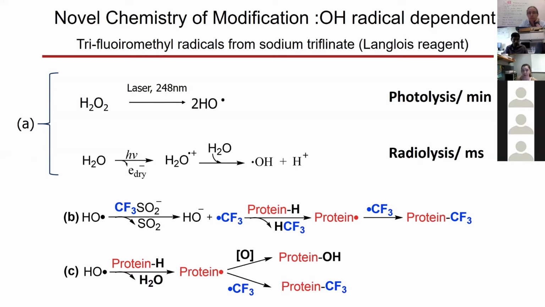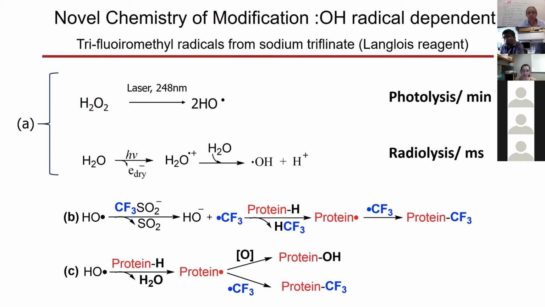So there were a few attempts to try to apply this to directly label the protein, and only the Baran group was able to first show that this chemical actually can directly modify the protein, trifluoromethylate the protein in a Tris buffer and without changing functional activity of the protein. And that was the first work which opened up this field for protein footprinting.